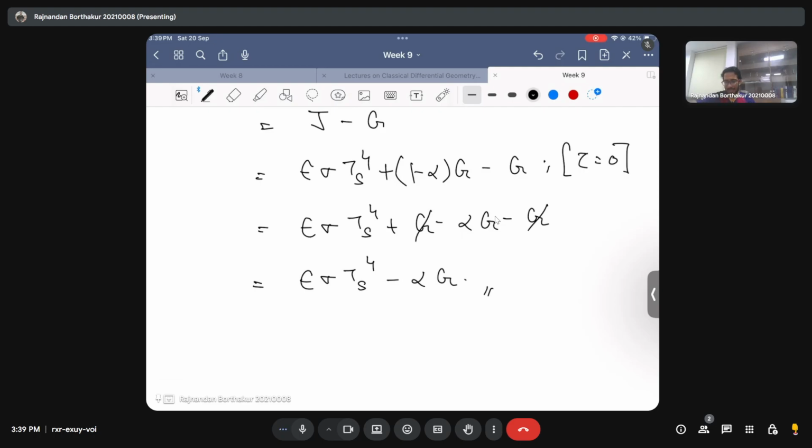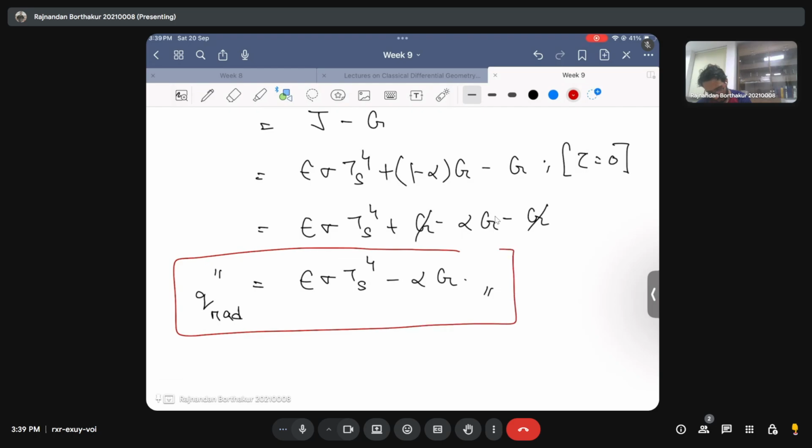And this net radiation exchange, we will denote by q double prime rad, and this will denote the net radiation exchange taking place from a particular body.